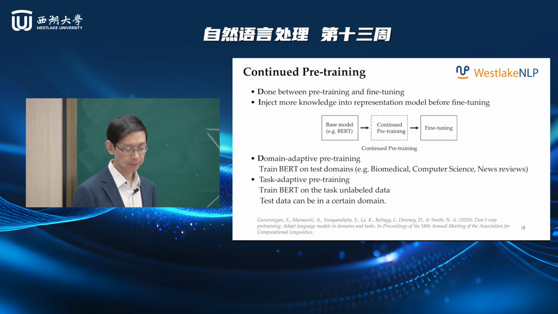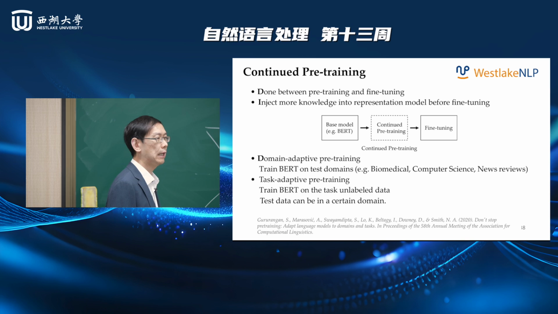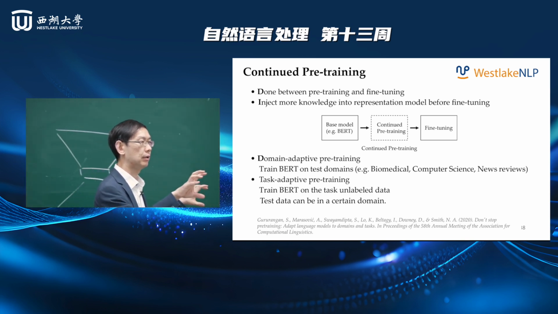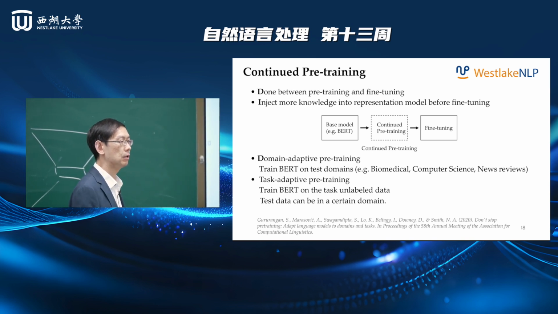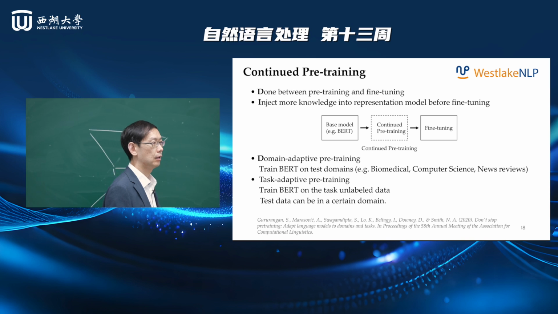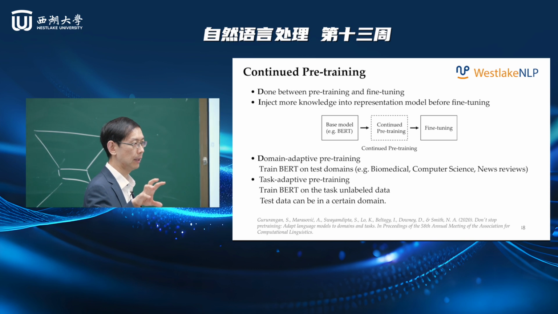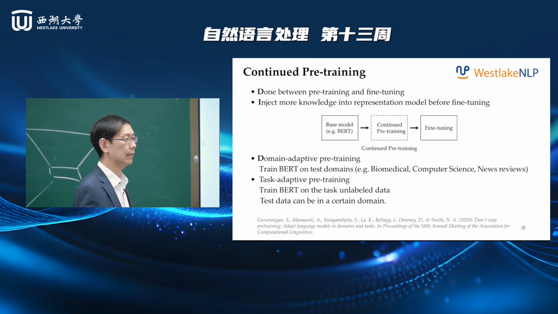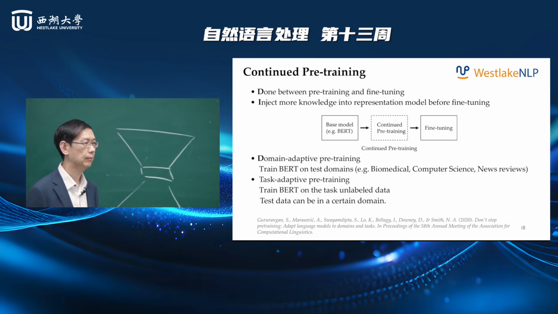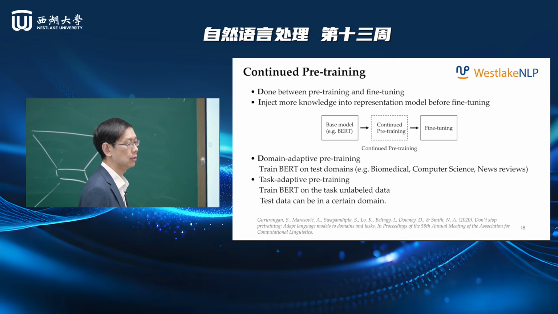So continued pre-training is a strategy. The idea is you have a pre-training and the fine-tuning step. Let's insert something in the middle. It's called continued pre-training. Now, suppose your test data is from the biomedical domain. You can just collect a lot of biomedical text without any annotation, and you use the same masked language model as the training objective.